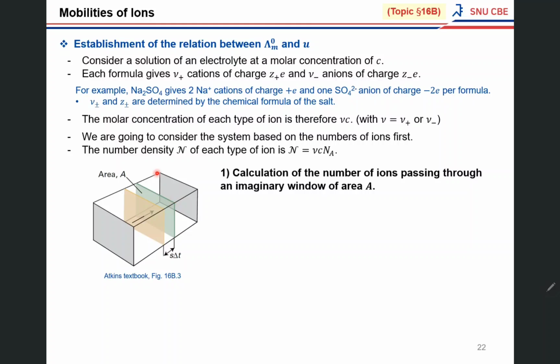We have the bulk of the liquid, and we're going to think of an imaginary window having the cross-sectional area A, so that now the ions will travel through this liquid with a certain drift speed.